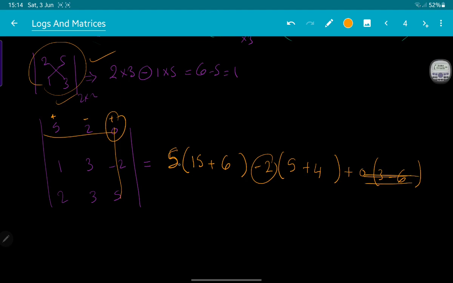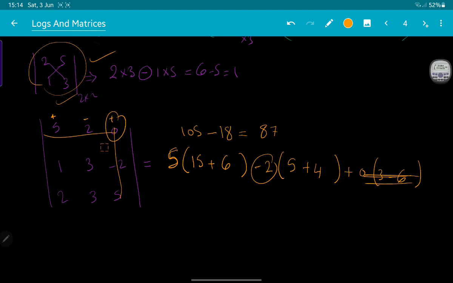So the answer is 21 here, multiplied by 5, it's 105, minus 9 times negative 2, it's negative 18, so the answer is 87. You can make sure of the answer.